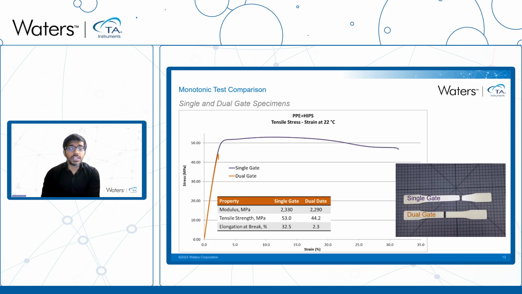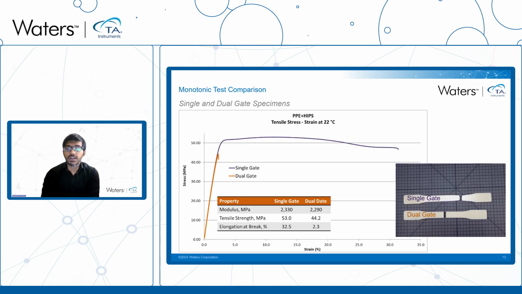These non-ideal conditions will almost never be on a data sheet, and they can actually have major implications in terms of material performance. The test results shown here for the dual-gated specimen, identified by the orange curve, demonstrate that it had a modulus that was similar to the single-gated specimen.